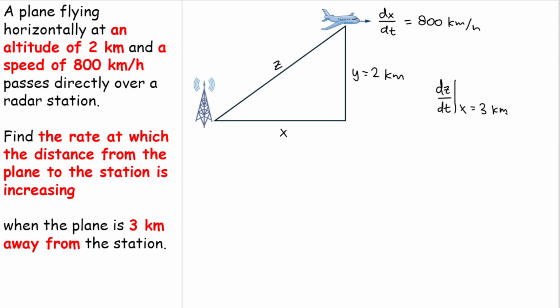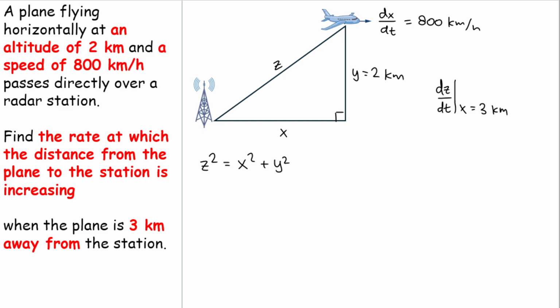Okay, so we need to find the relationship of x, y, and z. And of course, we have a right angle triangle, so we can use the Pythagorean theorem. We will have z squared equal to x squared plus y squared.